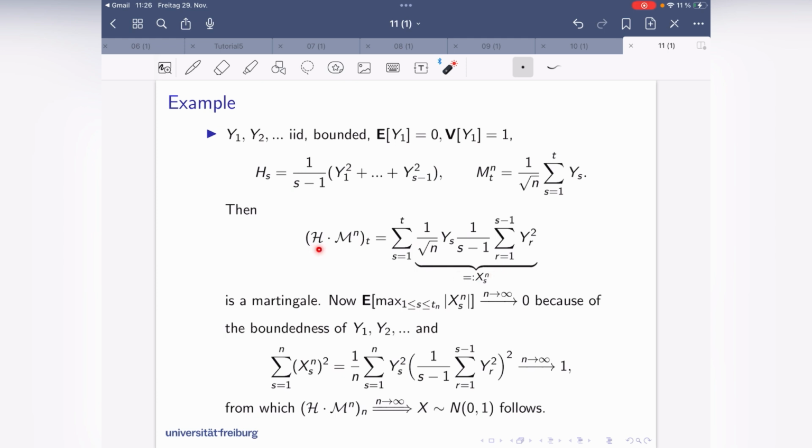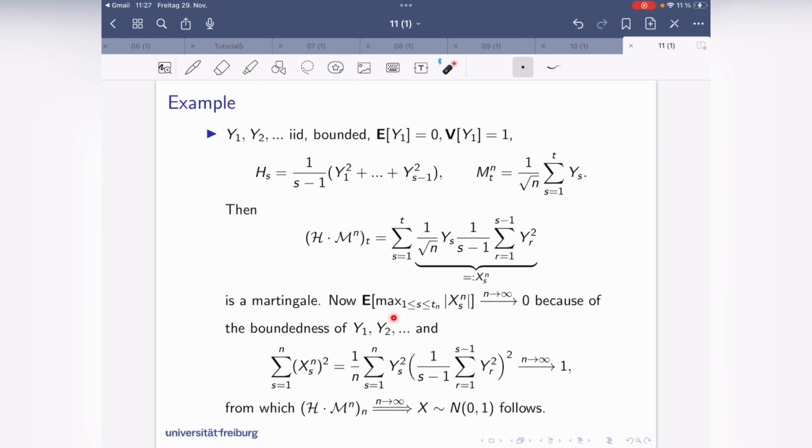I have to write h, which is written here, times m n. So the difference in the m's, that's 1 over square root of n, times 1 of the y's, so like this here. And in this double sum now, there are not so many independent things. So that's not a sum of independent random numbers. But it's a martingale. And we have to check the assumptions in order to apply the martingale central limit theorem.